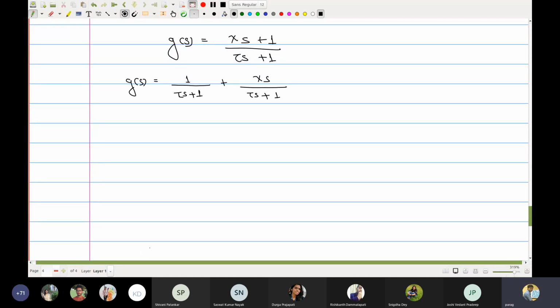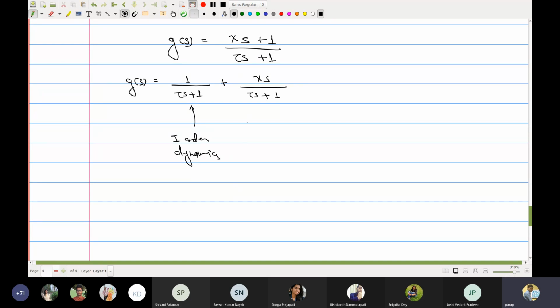Fine. Now this kind of system is similar to having two systems in series, one of the systems being purely first order dynamics, right?